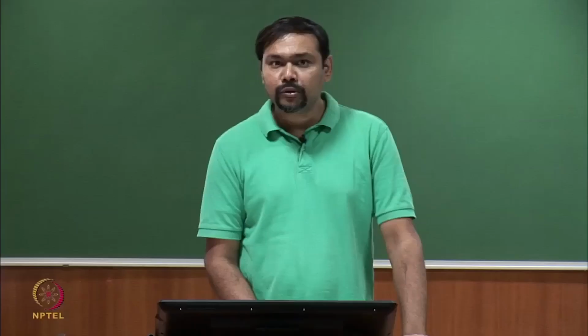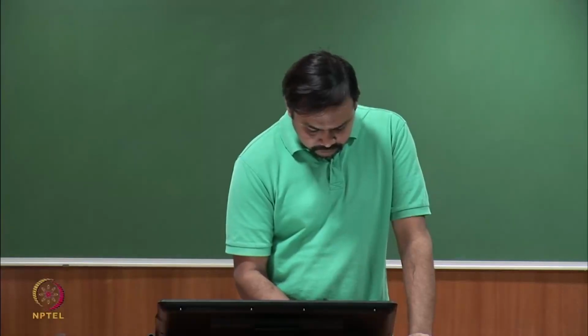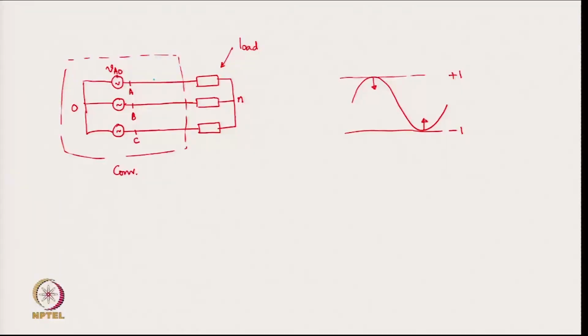Why should it be a common mode voltage? Because suppose I add a common mode voltage, so we are generating this additional voltage here. We say VCM, that is the common mode voltage.